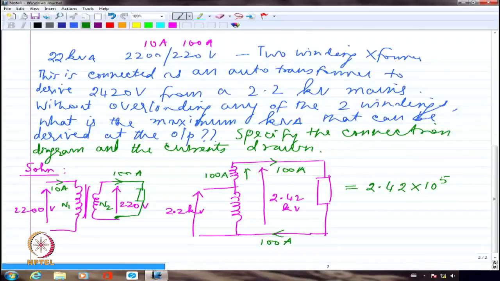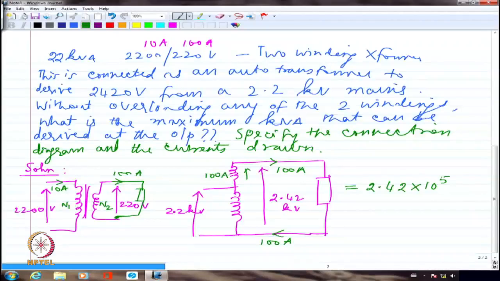So the secondary is able to supply 100 amperes of current, the same current, but the voltage has become 11 times whatever was the original voltage the transformer is meant to carry. Now, this is 100 ampere, but I don't want the primary to carry beyond 10 ampere. It cannot carry more than 10 ampere. So let us say this is carrying some 10 ampere here.